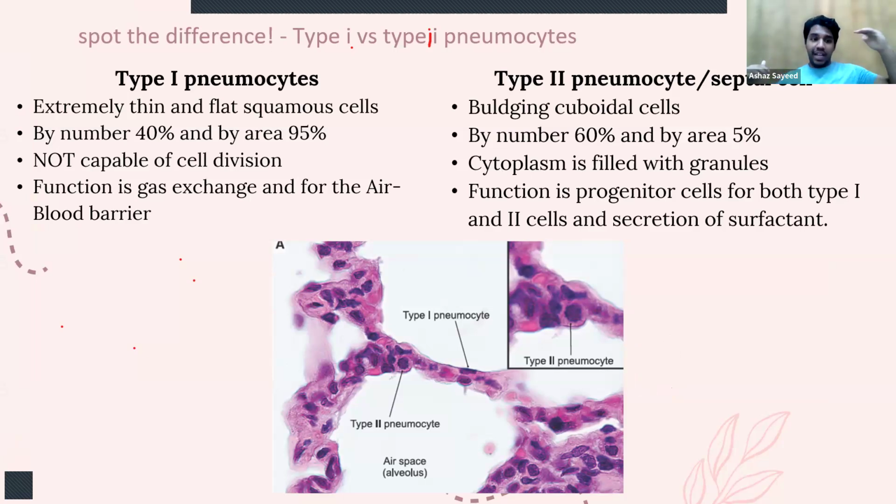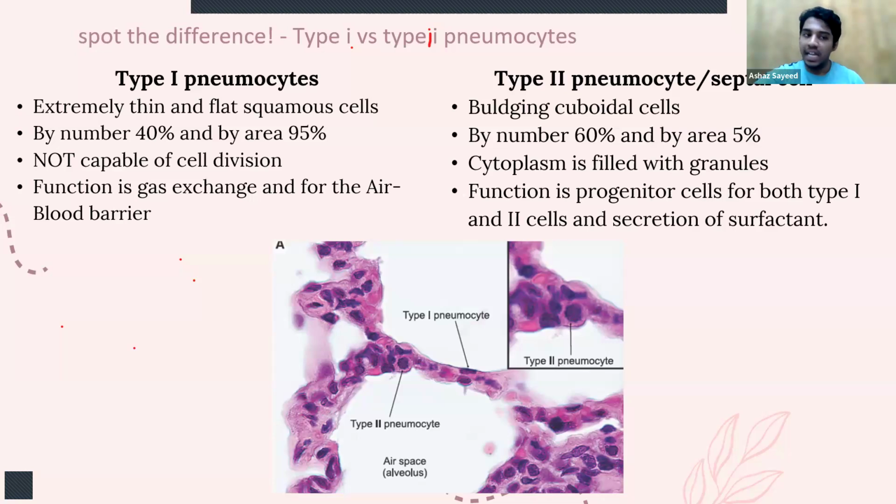Type 1 pneumocytes are extremely thin and flat squamous cells, and type 2 pneumocytes, which are also known as septal cells, are more bulgy, more round. Type 1 pneumocytes by absolute number are 40, type 2 it's 60. For example, if there are 100 total cells in the epithelium, 40 of those are going to be type 1 cells, 60 are going to be type 2 cells.